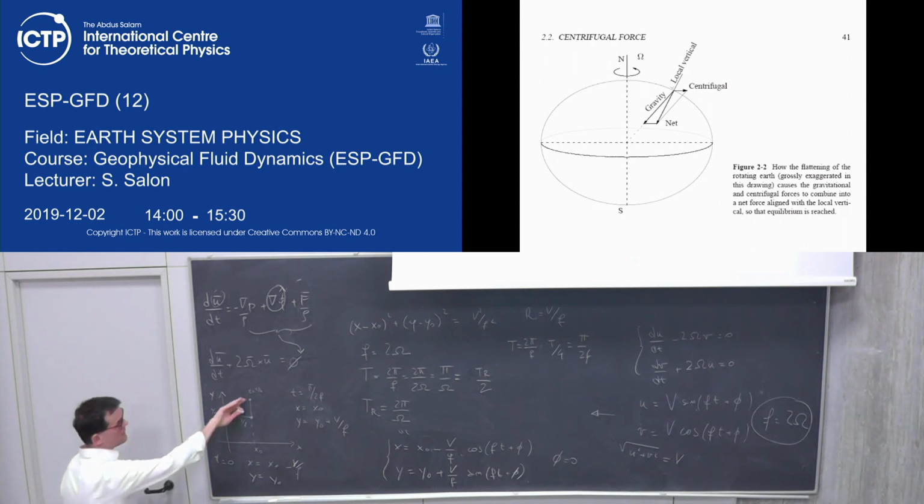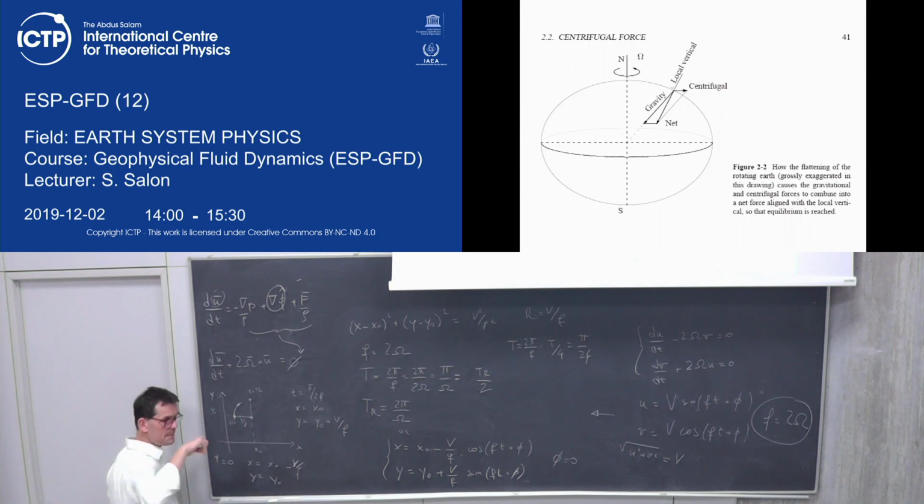So the system has rotated in this direction. But if you remember, our ambient rotation is opposite. So I'm rotating inside a system, and without any kind of forces acting on me, the only force is the Coriolis force.